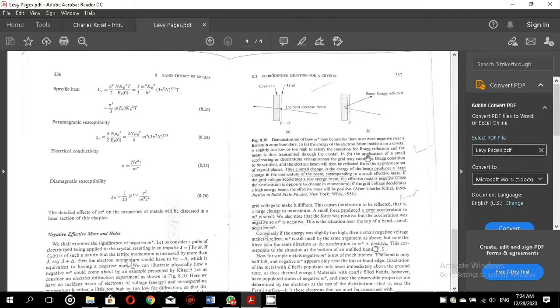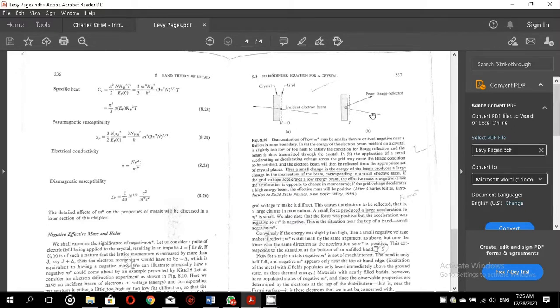Okay, in figure B, the application of a small accelerating or decelerating voltage across the grid, this is the grid, can make up this difference if the energy of the incident photon is less or greater. That can be adjusted by the voltage applied to this grid, and a small change in the energy of the beam produces a large change in the momentum, because as soon as the energy matches we will have a reflection.